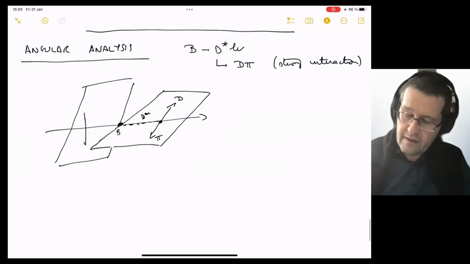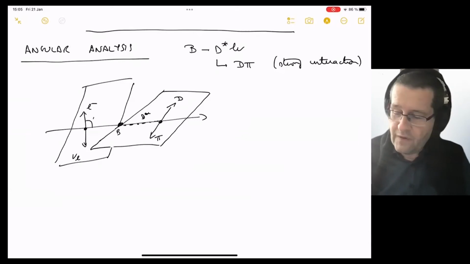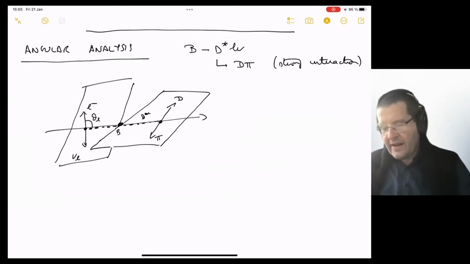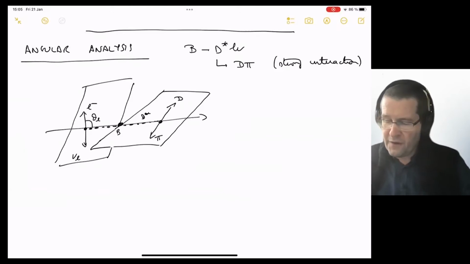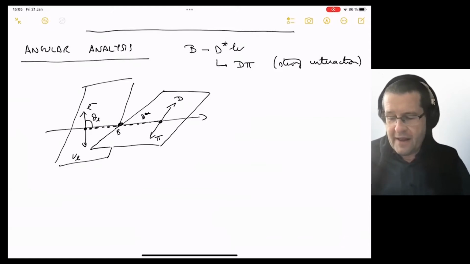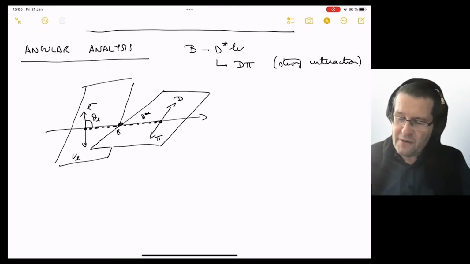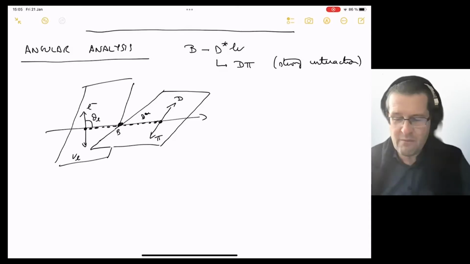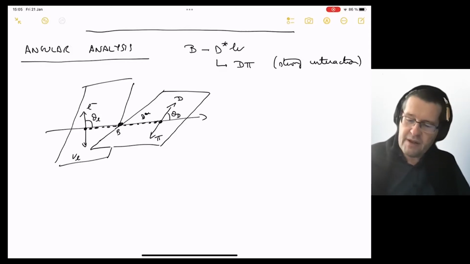And then on the other way, you've got your lepton pair. Obviously, I'm drawing this in a way which is not completely correct, because it's as if I drew both D pi and L nu in their rest frame. That means that I'm putting together visualizations corresponding to different rest frames, but that's useful to get an idea of how things are implemented.